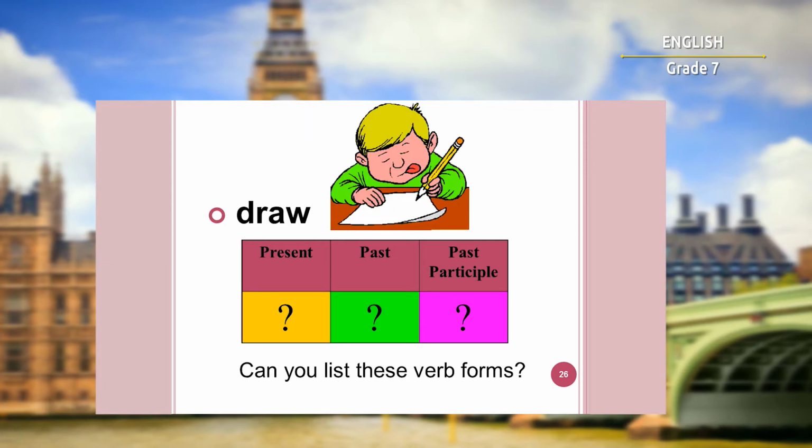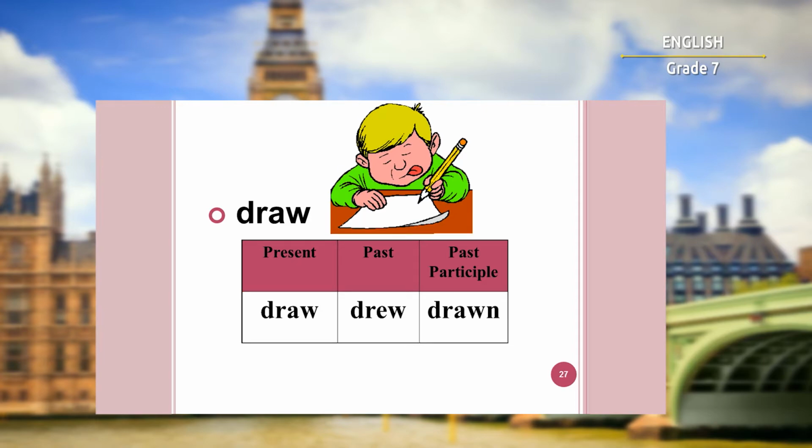The next verb is draw. Can you list these verb forms? Yes, you were absolutely right. The answer is draw, drew, drawn.